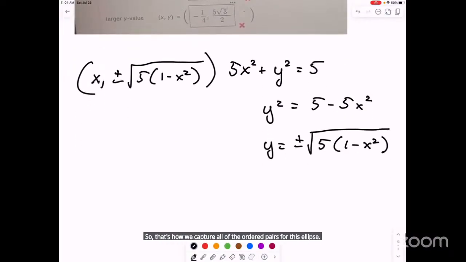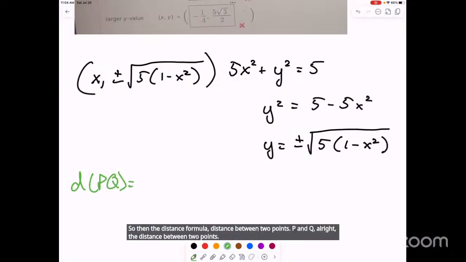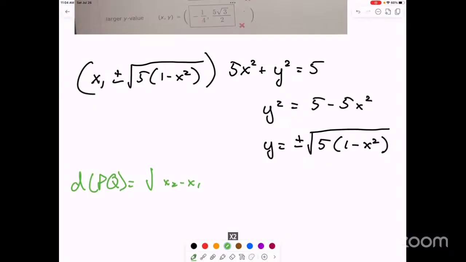So then the distance formula, the distance between 2 points, P and Q: the square root of x2 minus x1 squared plus y2 minus y1 squared. Okay. So given 2 points, we want to maximize the distance between those 2 points.